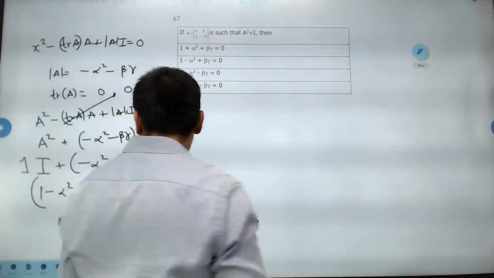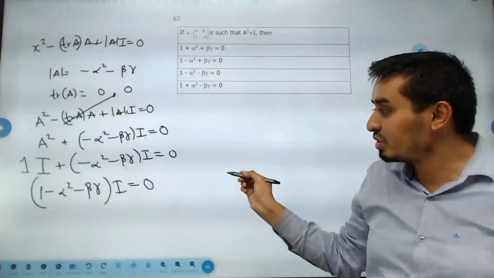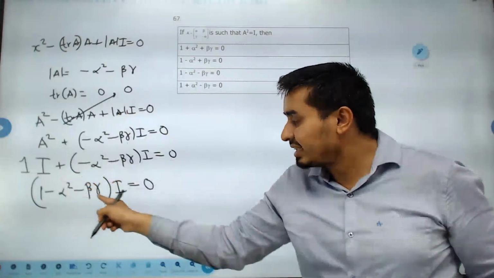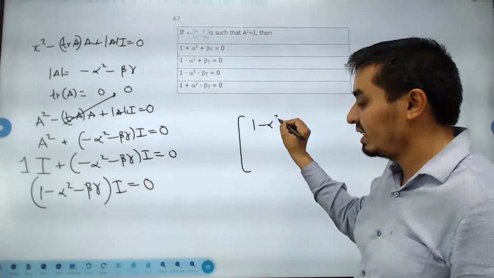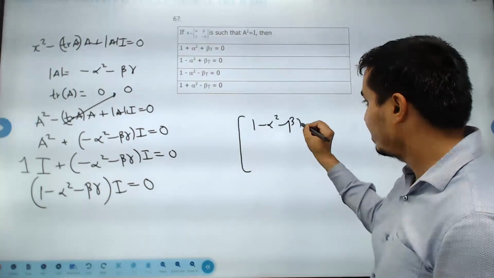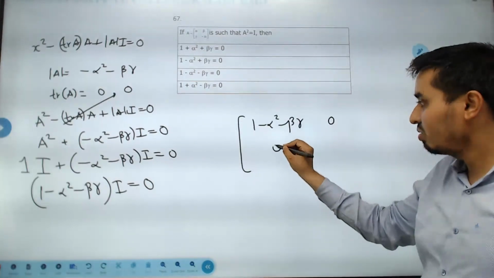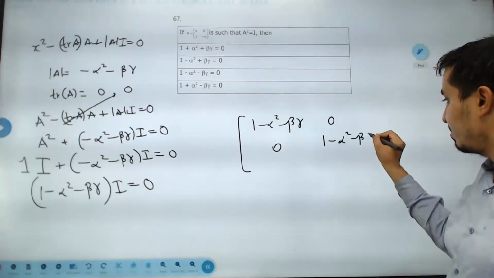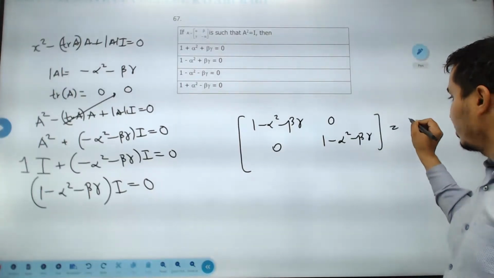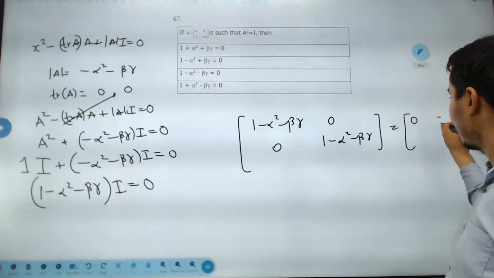Now we know what the identity matrix is: 1 0 0 1. If we multiply this with the identity matrix, we get 1 minus alpha square minus beta gamma, 0, 0, 1 minus alpha square minus beta gamma. This is a null matrix, and in a null matrix every element is 0.